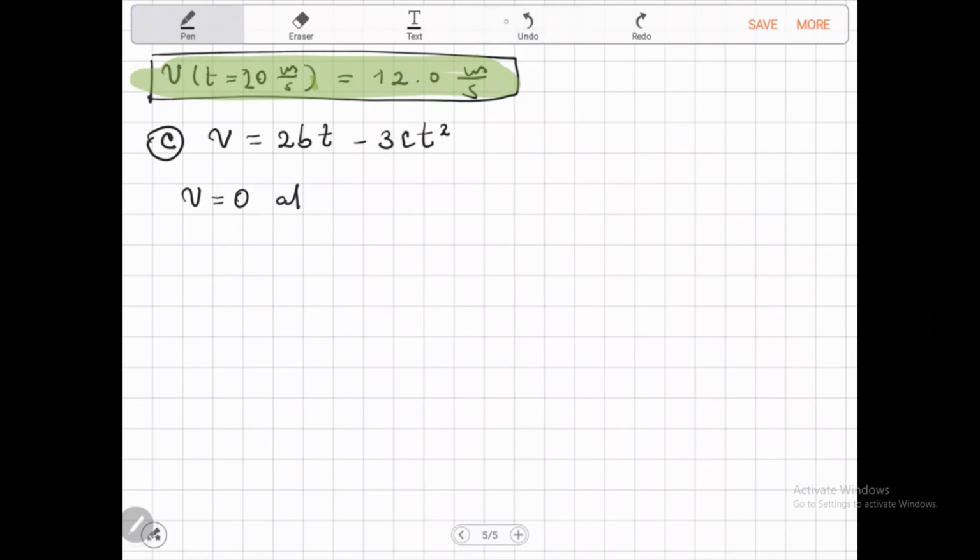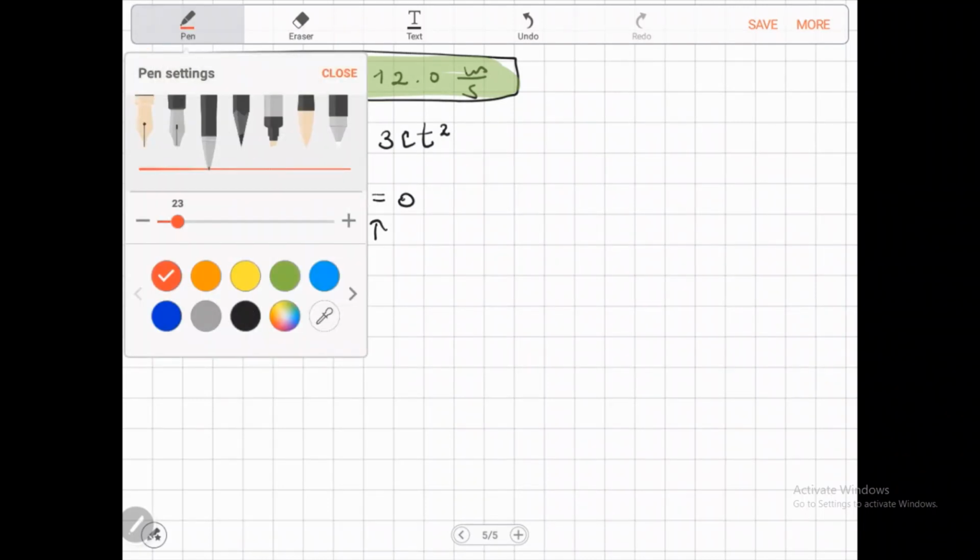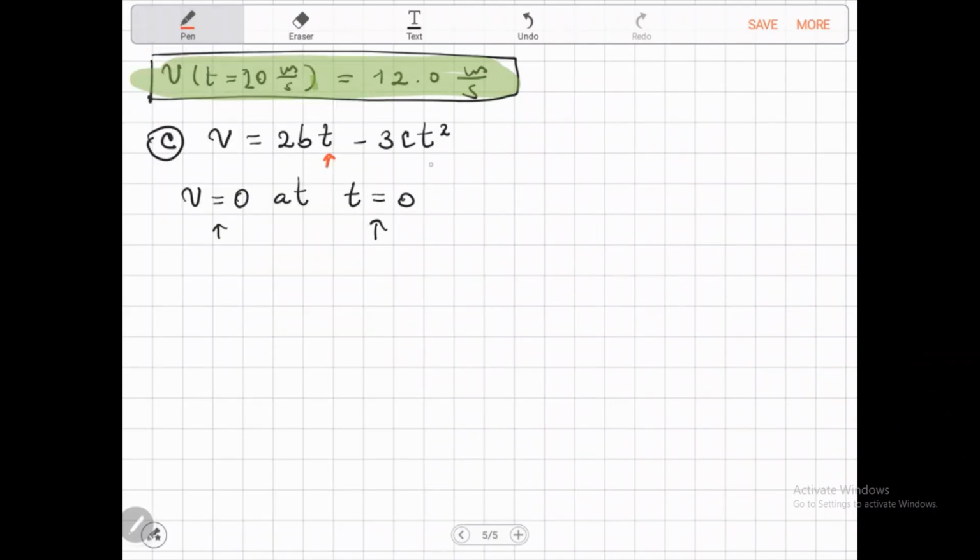We know that because if we replace t equals 0 here, and we do the same here, any number multiplied by t equal to 0, everything is going to be 0. So the velocity is going to be 0 if t is equal to 0.